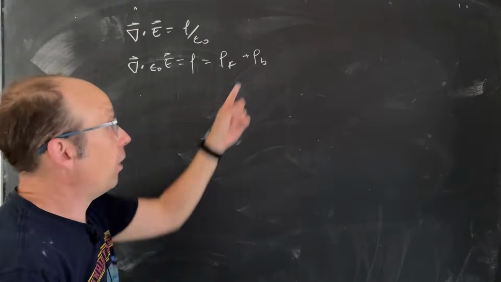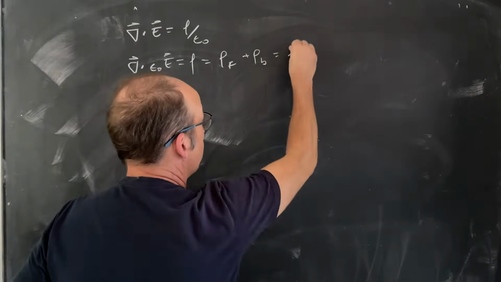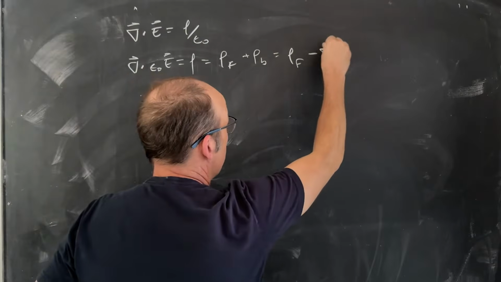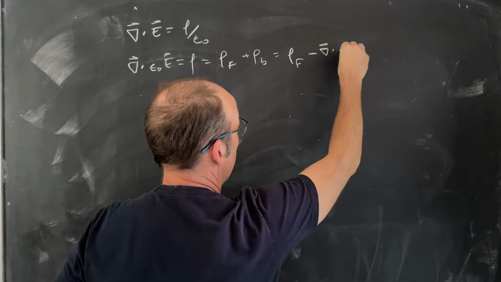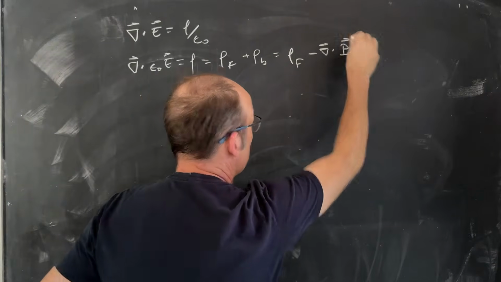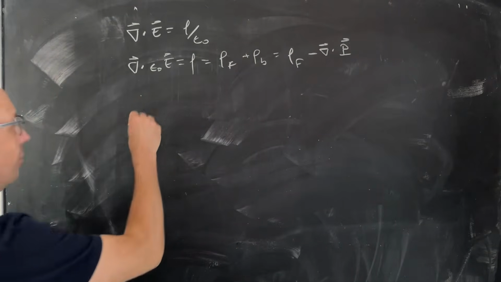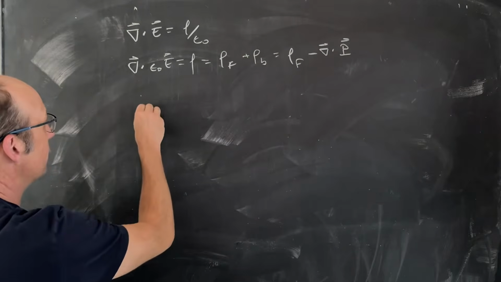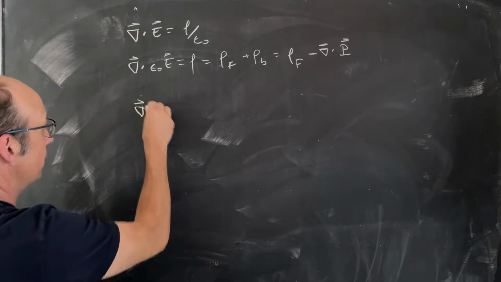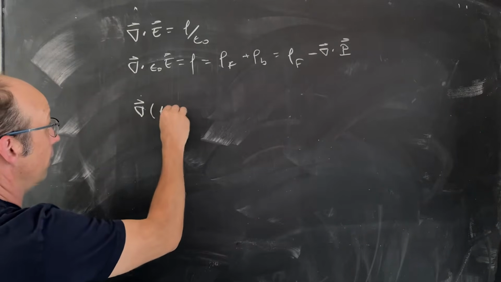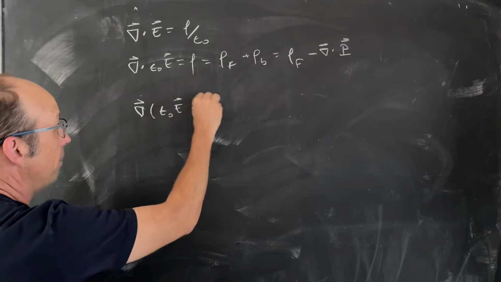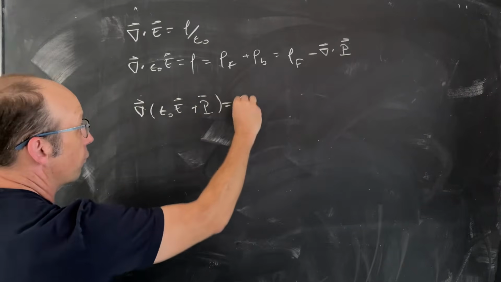Now I'm going to write the bound charges as minus the divergence of the polarization. Now I'm going to move that to the other side. So I can write this as the divergence of epsilon naught E plus P equals rho free.